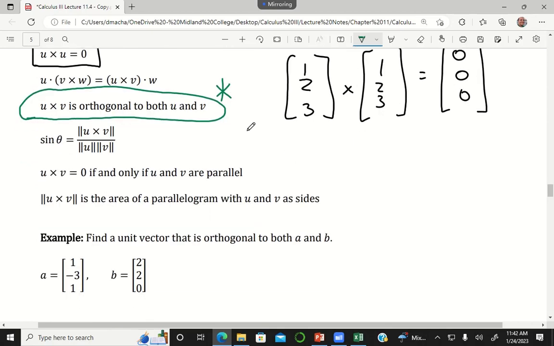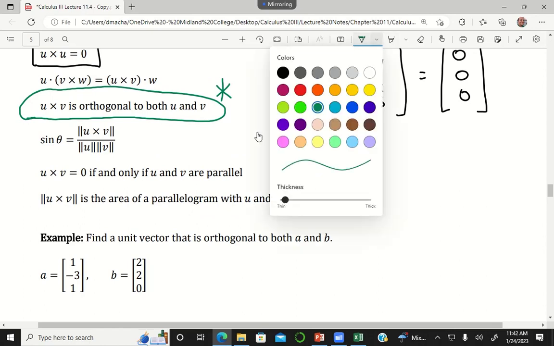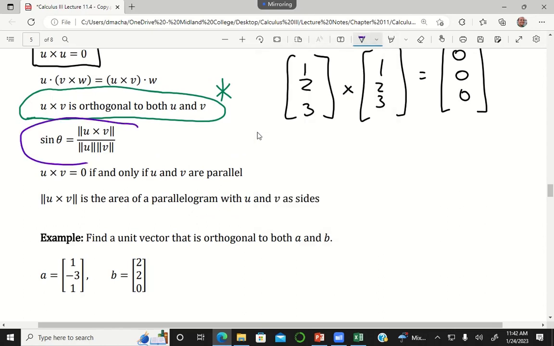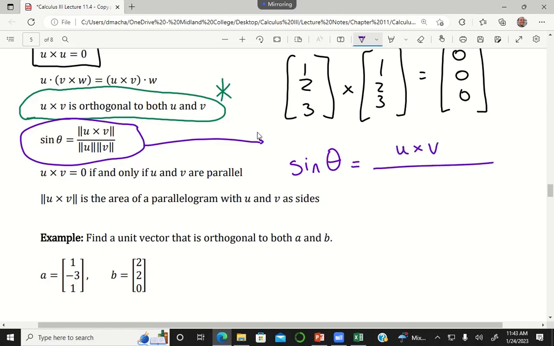Okay. This is a formula that should look suspiciously familiar to you. I'll write this over here. Sine of theta is equal to the norm of u cross v over u norm v norm. But you also have to take the norm of the numerator.